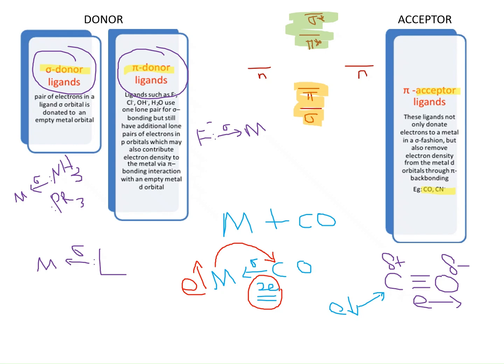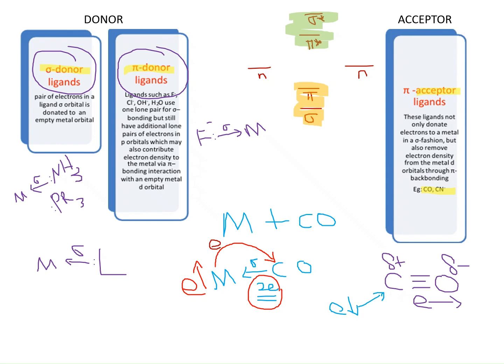Now, electrons from the metal d orbital will be transferred to the carbon. Now, the carbon bonding and non-bonding is already occupied. What is left is the pi star and sigma star energy states.